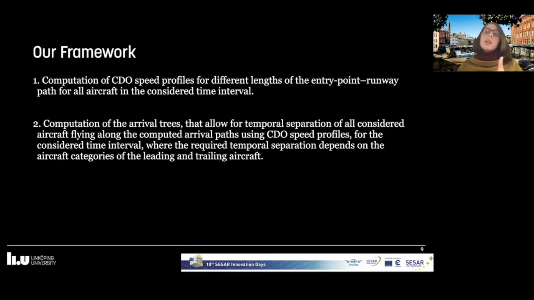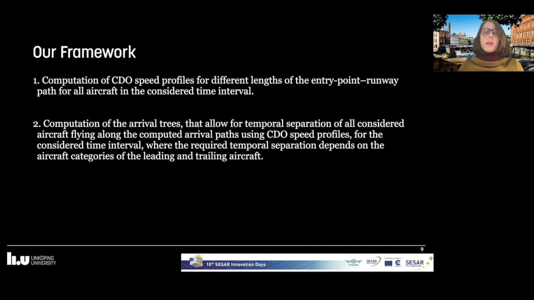One is the computation of CDO speed profiles for different lengths of the entry point runway paths for all aircraft that arrive in the considered time interval. And the second is a computation of the arrival trees that allow for temporal separation. All aircraft fly along the arrival paths, all use CDO speed profiles, and our temporal separation depends on the category of the leading and trailing aircraft.